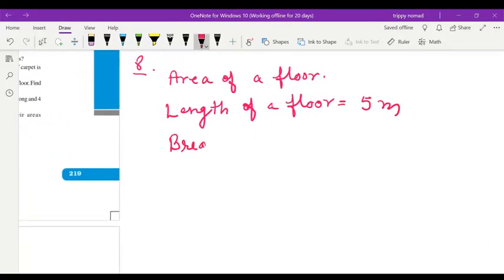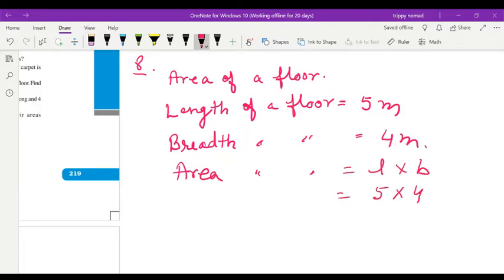Then breadth of a floor is equal to 4 meter. Then area, length into breadth, 5 into 4, 20 square meter.